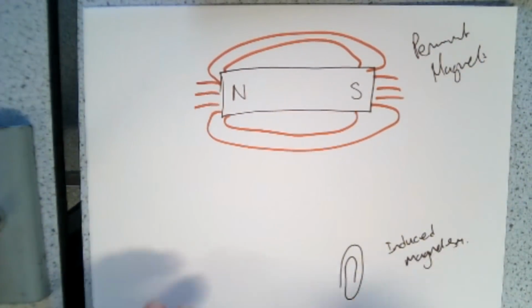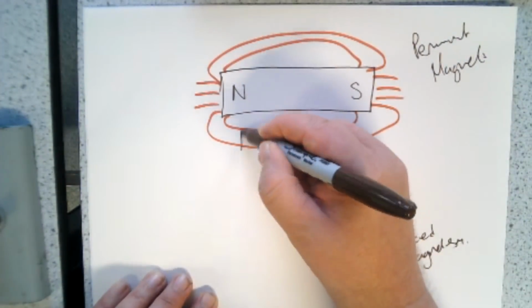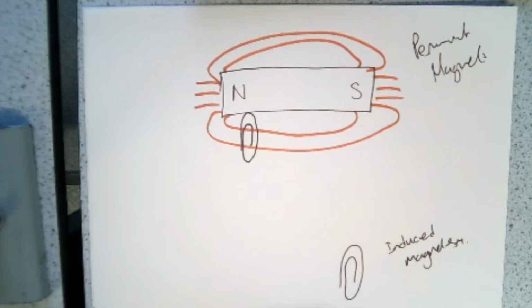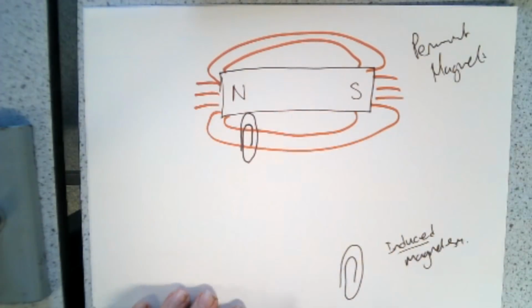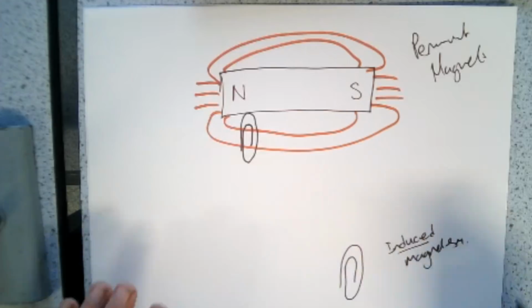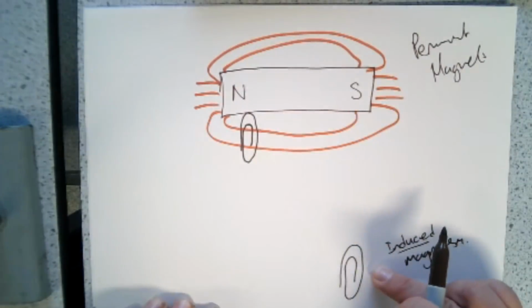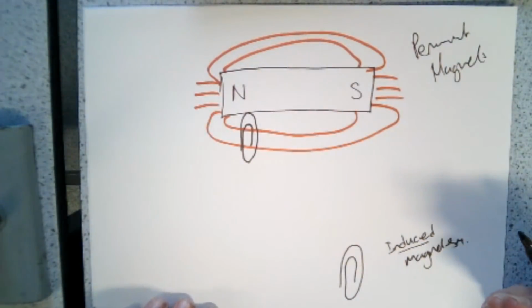But if I bring the paperclip into the magnetic field like this, okay, suddenly it does become magnetic because we've induced it. It's in the presence of the magnetic field. It's now magnetized. If I take it away and move it back down here, it's no longer in the magnetic field, so it's not magnetic anymore.